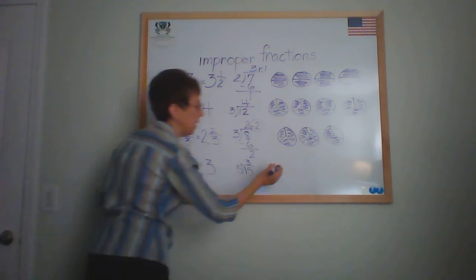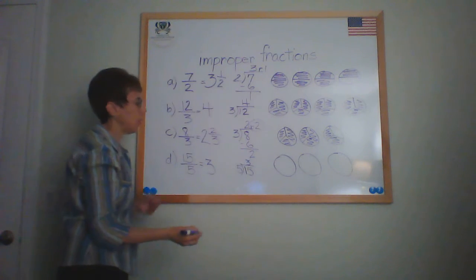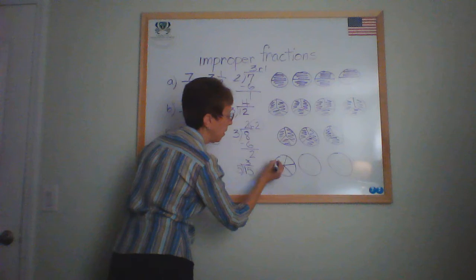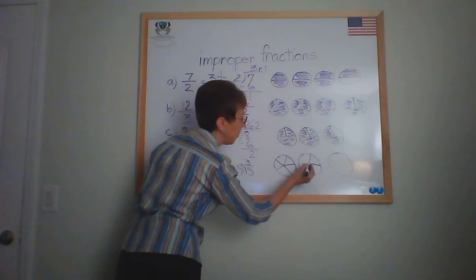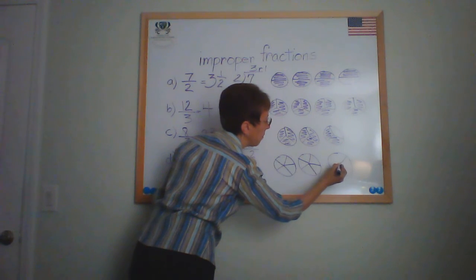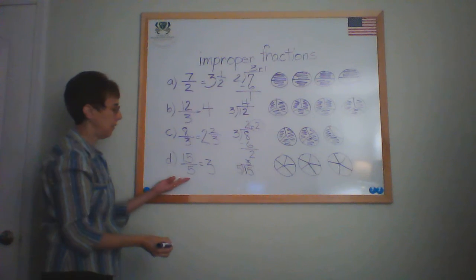15 fifths. It's fifths, so each circle needs to be divided up into fifths. Okay, each one is divided into fifths.